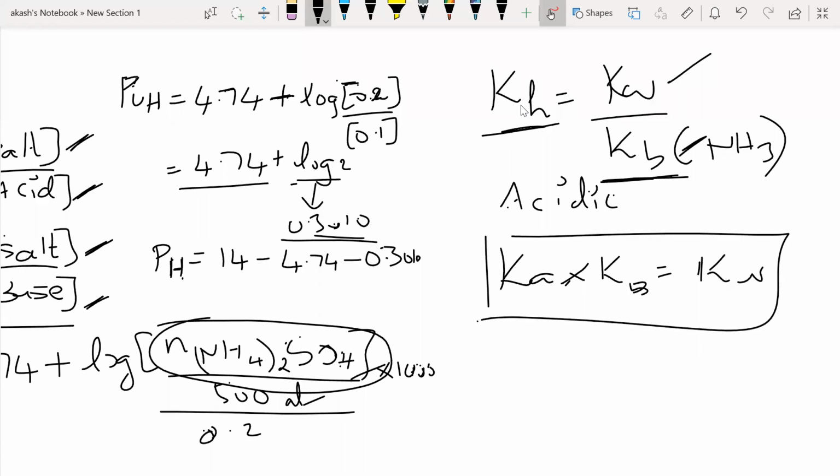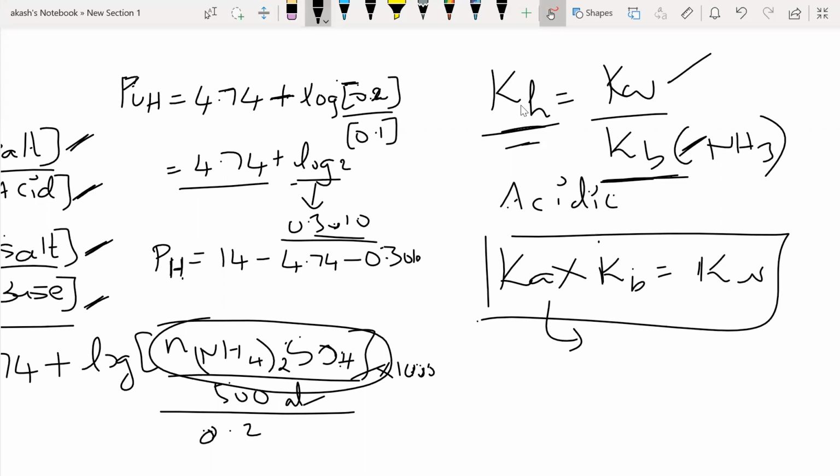It's Ka into Kb, not plus. pKa plus pKb is equal to pKw, when I take log on both sides, then it will become plus. So Ka into Kb is equal to Kw, and this will work on and only for an acid-base conjugate pair. Right? So that's what we're using here.